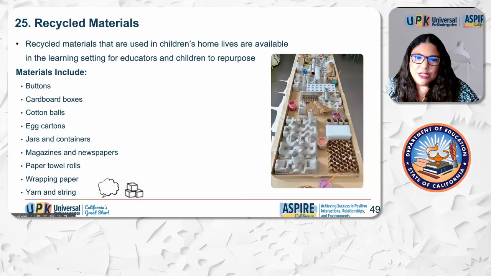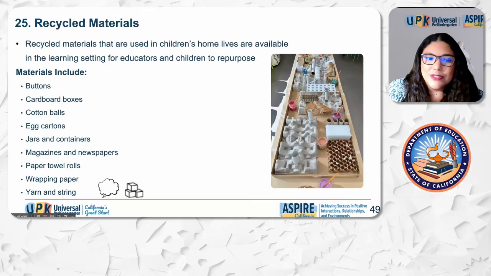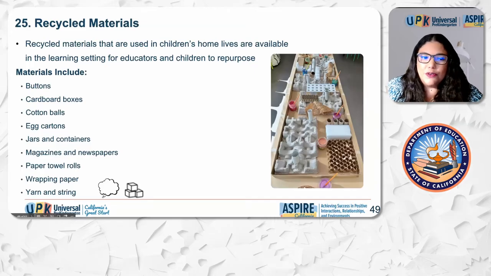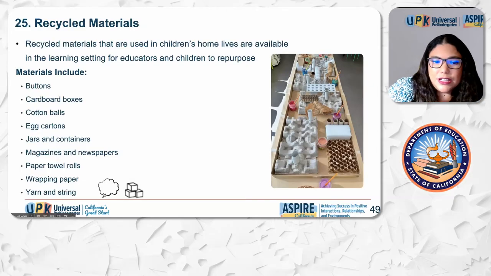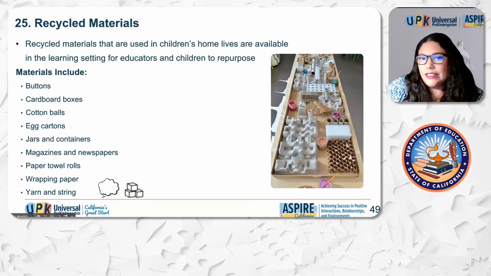These materials encourage imagination, problem solving, and sustainability. Children often connect strongly to materials they see and use at home, making these items meaningful and accessible. And these items highlight the value of offering materials that children can transform, combine, and reimagine, supporting both environmental awareness and open-ended learning.